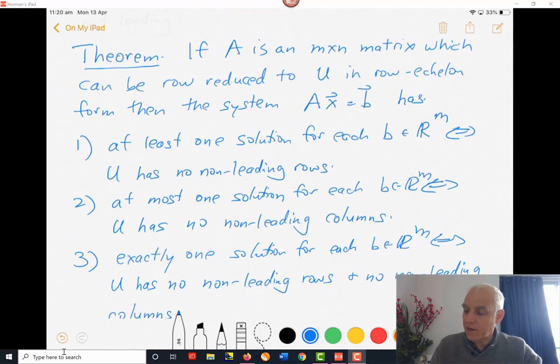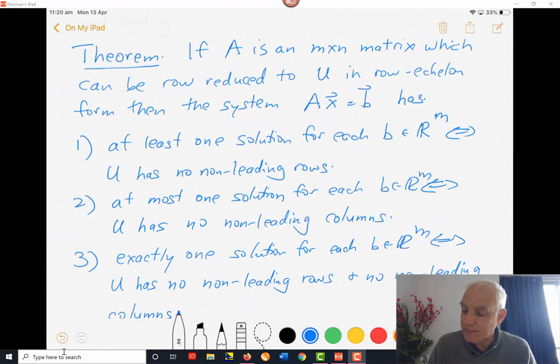Okay, so let's understand why this is true. So we're looking at this general system, and starting with the matrix A, which is m by n, we've row reduced it to a matrix U. And we're kind of interested in the equation AX equals B for maybe general values of B. Like maybe we're looking at this system with lots of different values of B, and we're concentrating on the matrix A. What properties of A or its row reduced form U will ensure various things.